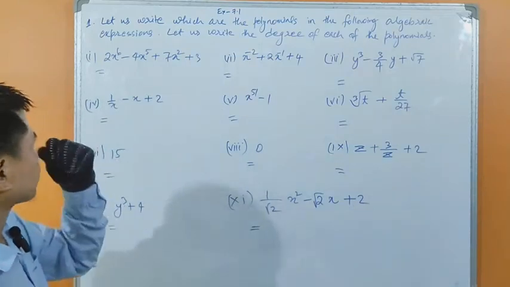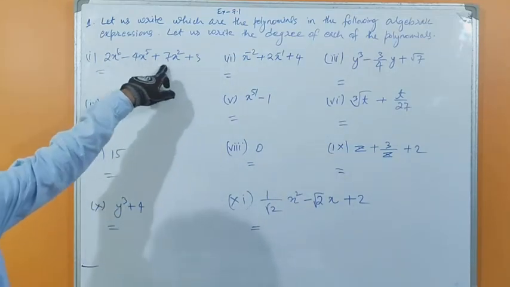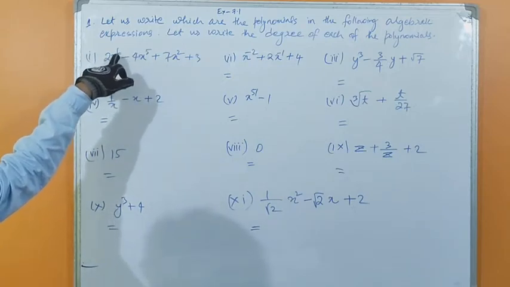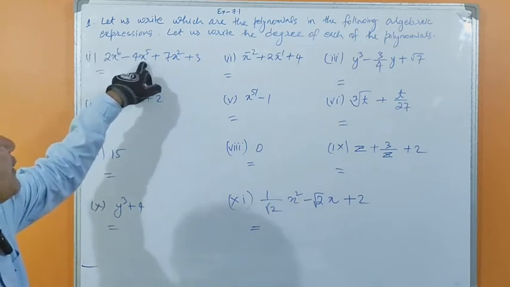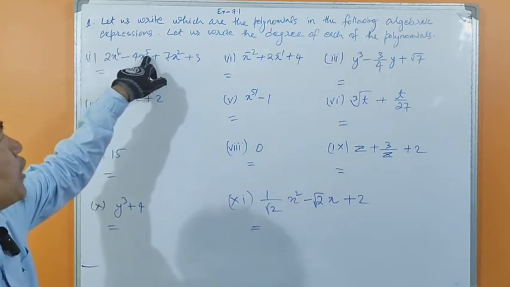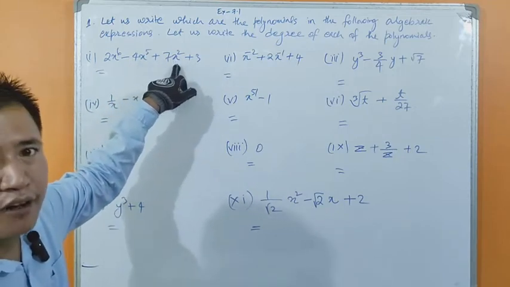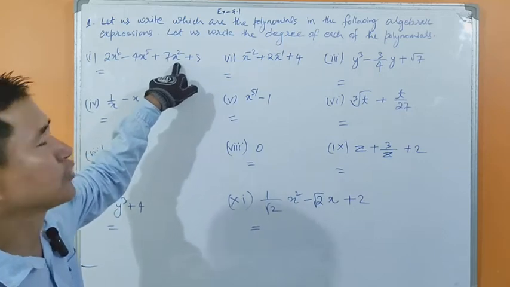Let's begin. Question number 1. Let us see the variables. Here the variable is x. And the power of variable is plus 6, which is a positive whole number. The power of variable in this term is plus 5, which is also a positive whole number. And the power of variable in this term is plus 2, which is also a positive whole number.